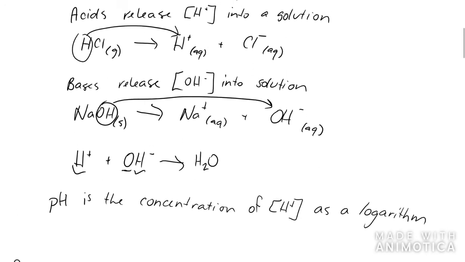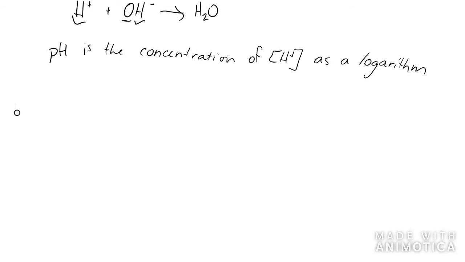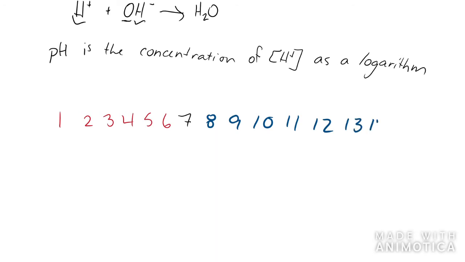So if we have our numbers again, if we go from 4 to 3, this is 10 times more acidic.